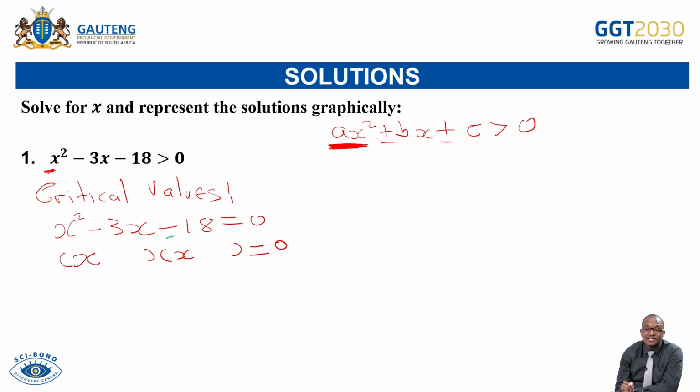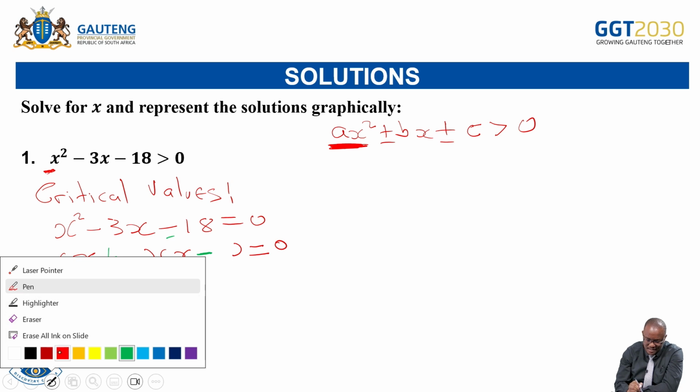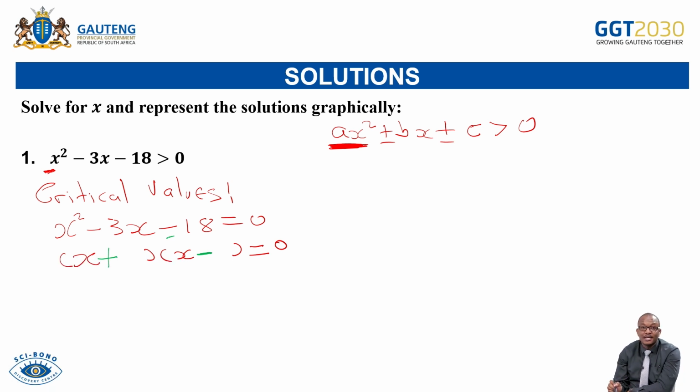The sign of the last term is negative, which simply tells you that inside the brackets I will have different signs. There is no way you have the very same sign inside the brackets when the last term is negative, because positive multiplied by negative is negative.